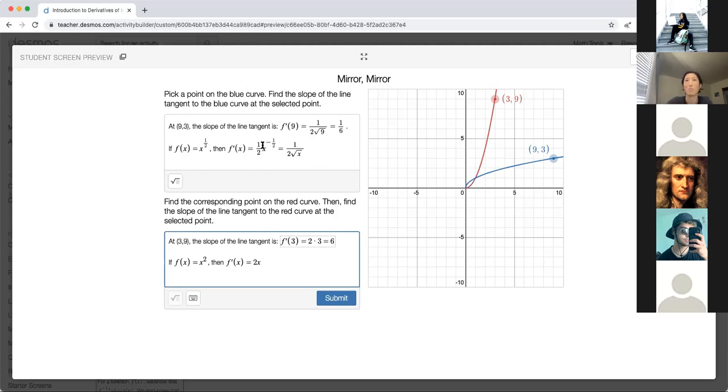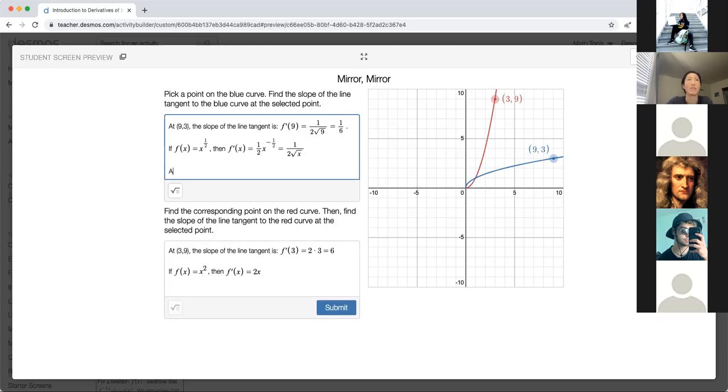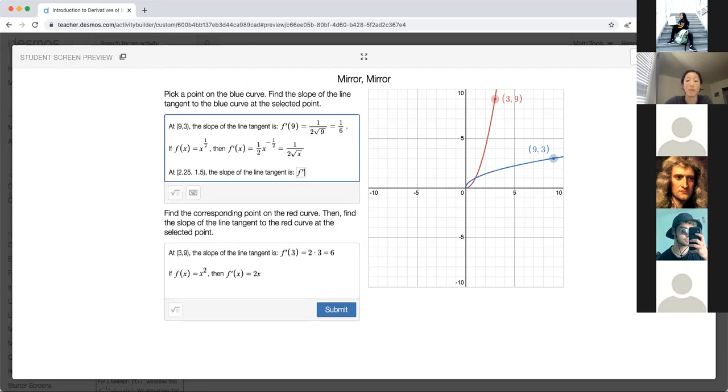Let's try this for one more point. Someone give me another point on the red curve. Okay, so at 2.25, comma 1.5, the slope of the line tangent is, and we would say f prime of 2.25.